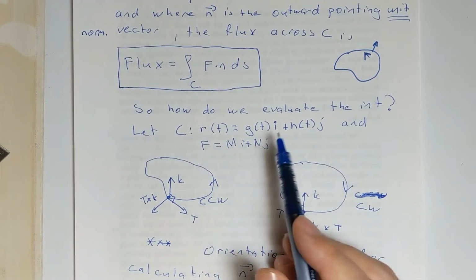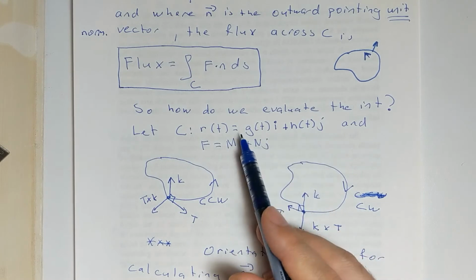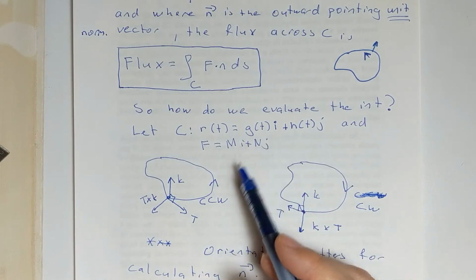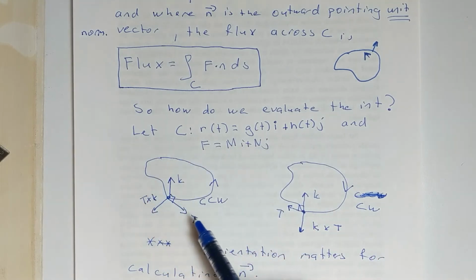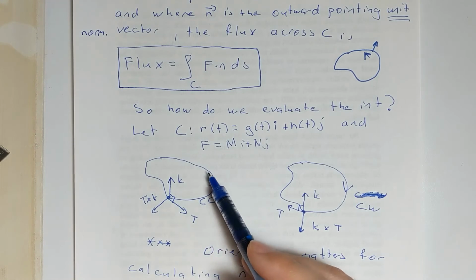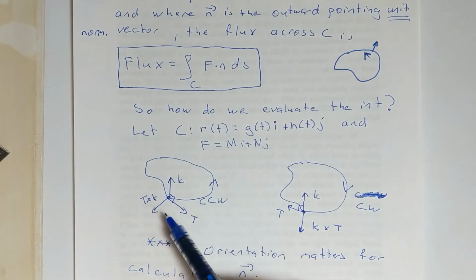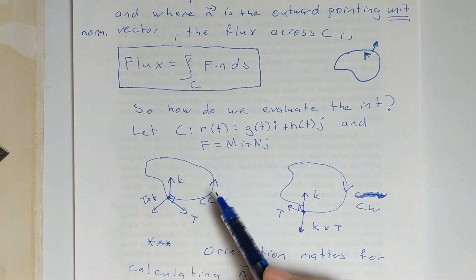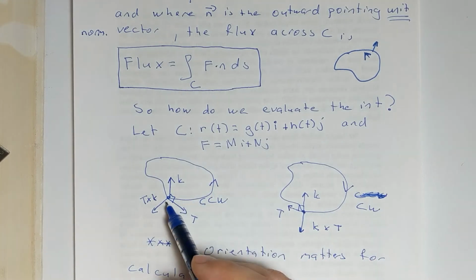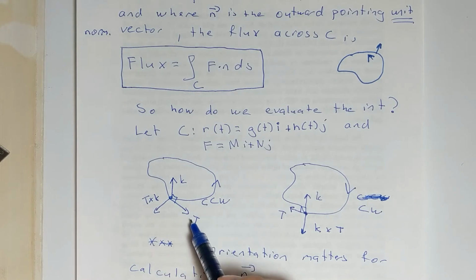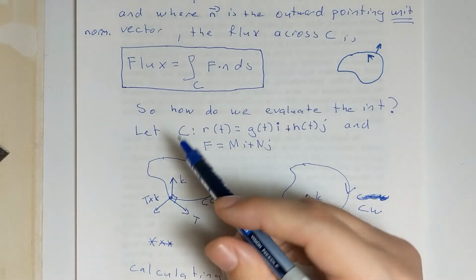Now, remember this: every single parameterization gives us an orientation, a way we travel along the curve. If our orientation is counterclockwise, going around like this, then I can get the tangent vector, no problem. The tangent vector is just dr/dt.